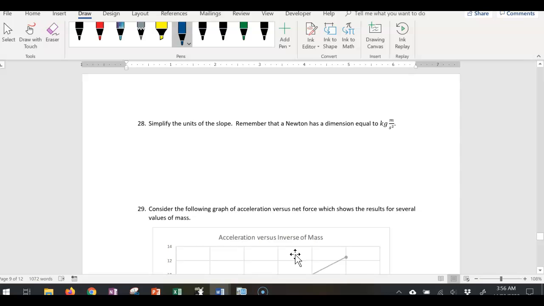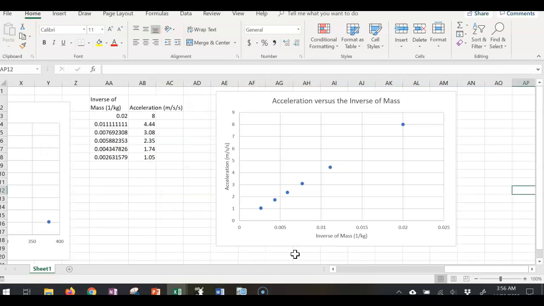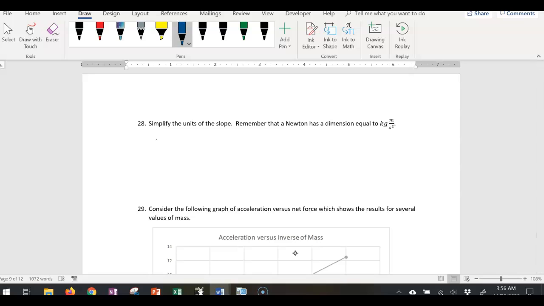And we need to simplify the units of this slope. So let's go look at the graph again and get, it's going to be meters per second squared over 1 over kilograms. Very complicated units, but we're just going to use our rules of algebra to simplify these.